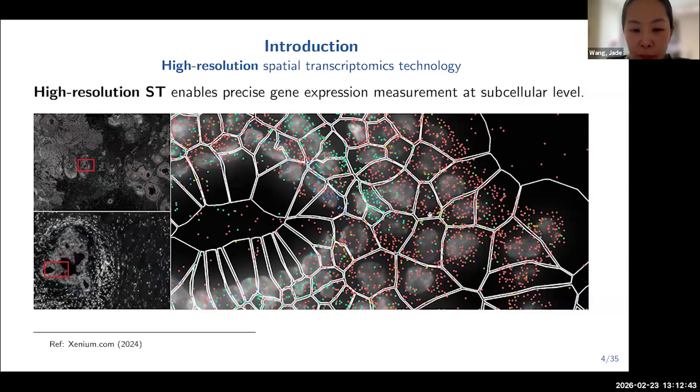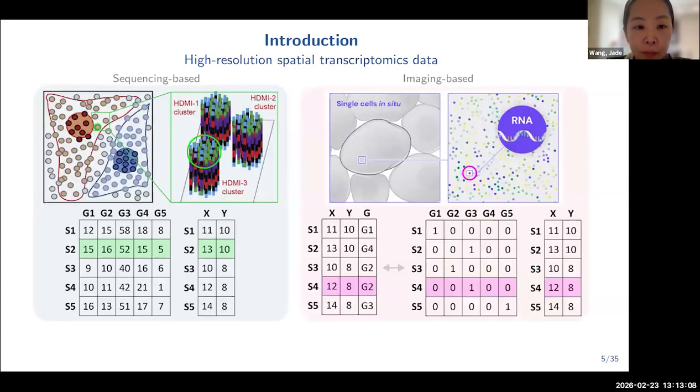From this visualization, we somehow can see, for example, in some cells like this one, it seems those red dots are more in the cytoplasmic area than overlapping the nucleus. So from data at this resolution, we feel that we can probably detect some subcellular level signals.